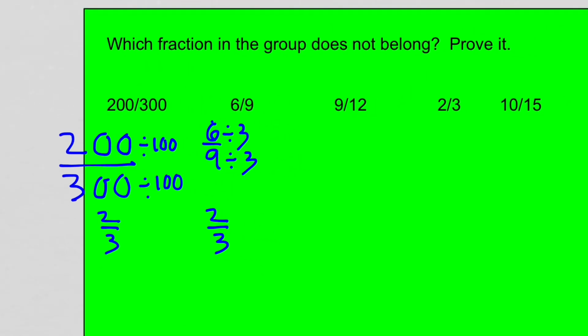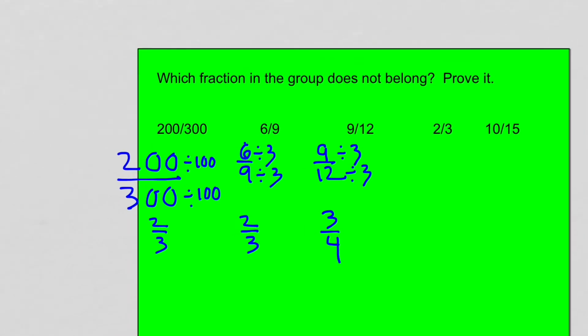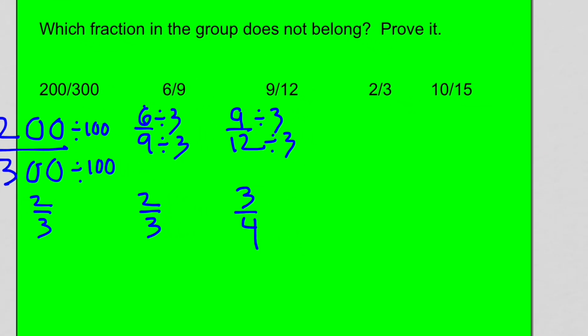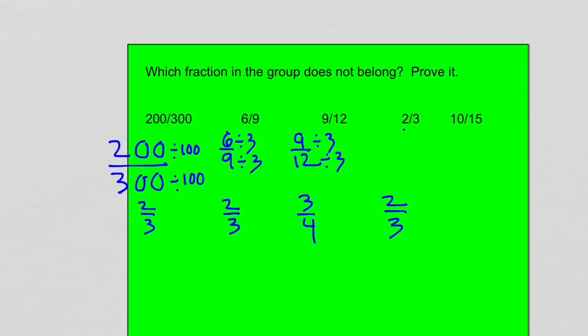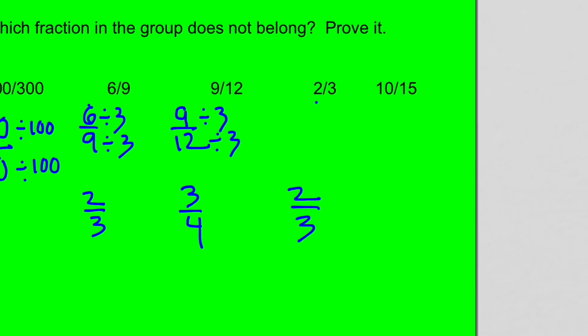And I know 9 over 12, I can divide by 3, divide by 3, and I get 3 over 4. Oh, that might be the one, right? And then 2/3, I know, is just 2/3. Yeah, so I think that 9 over 12 one is going to be the one that's not like the other. And then 10 over 15, I can divide by 5, divide by 5, and I get 2 over 3.